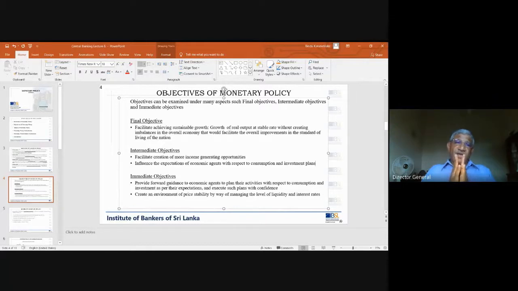Some of you may say, okay, we want to get this qualification because it is considered a qualification for us to have promotions in the central bank, not in our bank, because banks now add some marks for those who have obtained this qualification. Some of them may say, okay, I want to have this qualification.